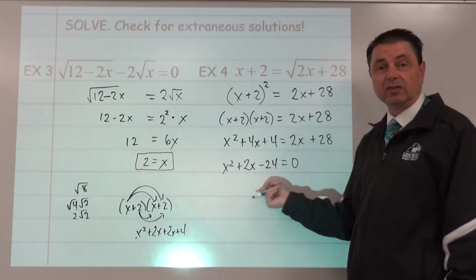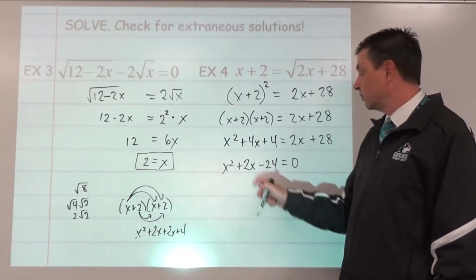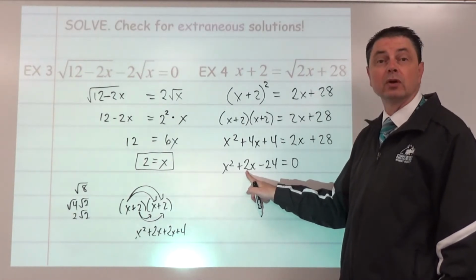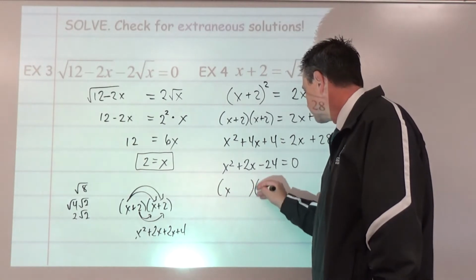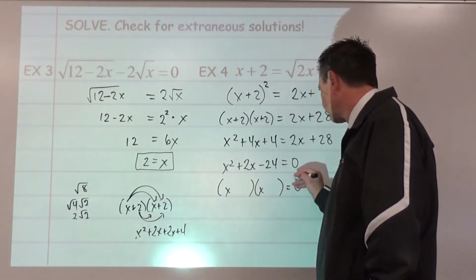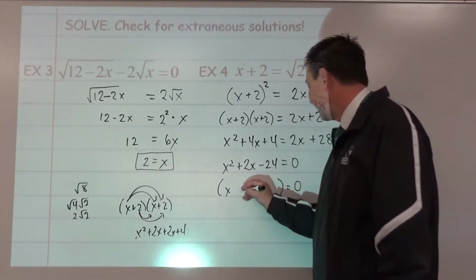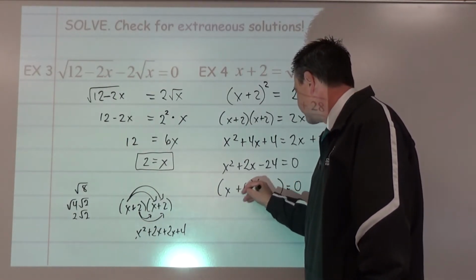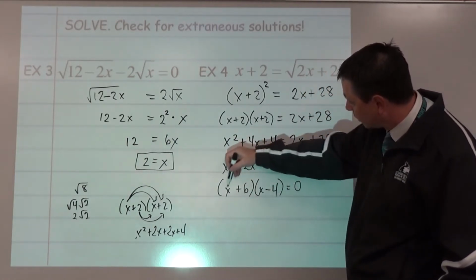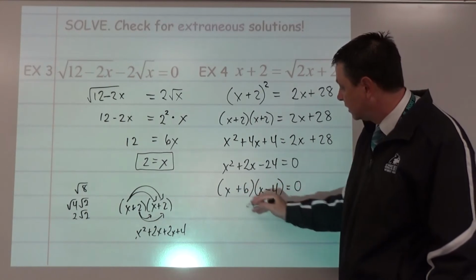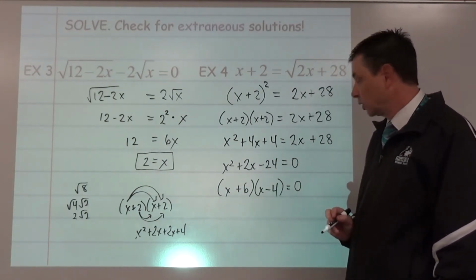And I think we'll try to factor this. If it doesn't work, then maybe we can do the quadratic formula, or completing the square. I think I might prefer completing the square, but let's try to factor this. Numbers that would multiply and give us negative 24, something like positive 6 and negative 4, and then if we check outside, inside, we're going to get negative 4x plus 6x is a plus 2x, so it does work.